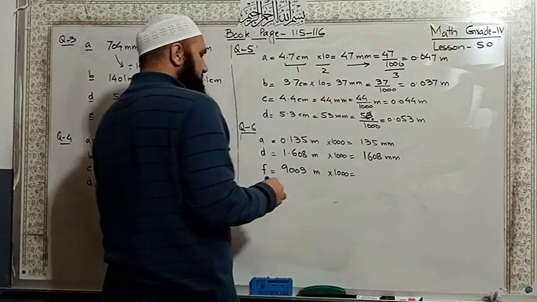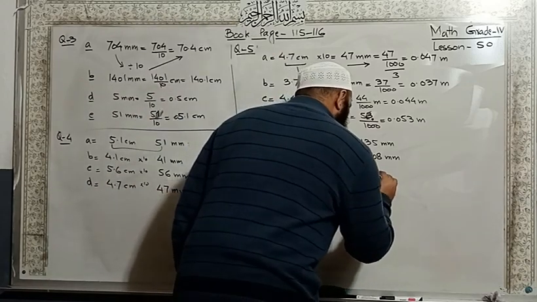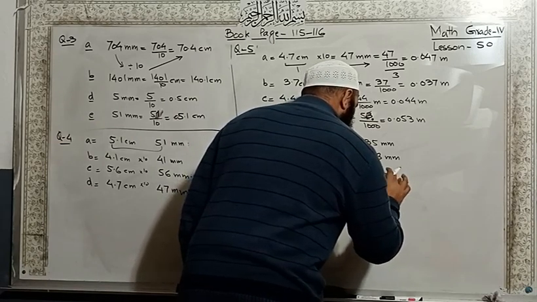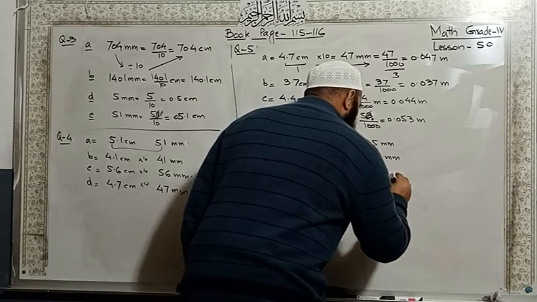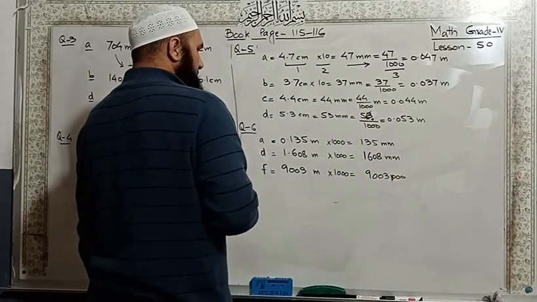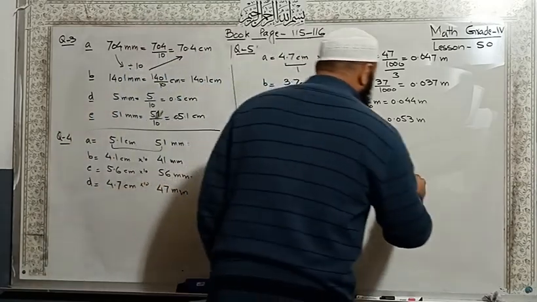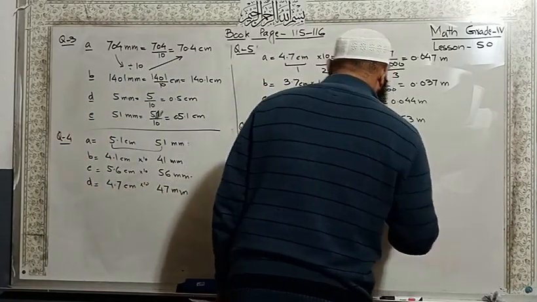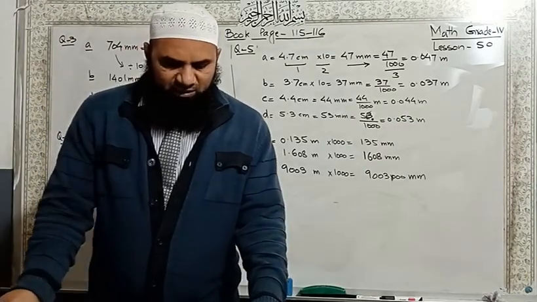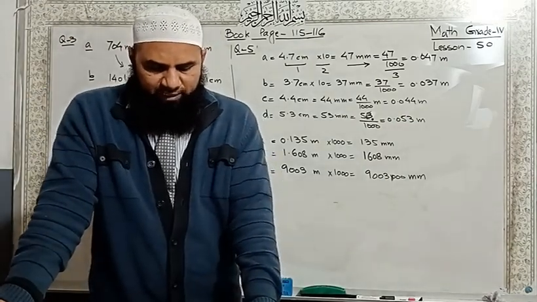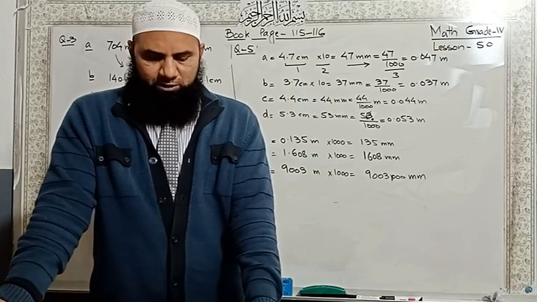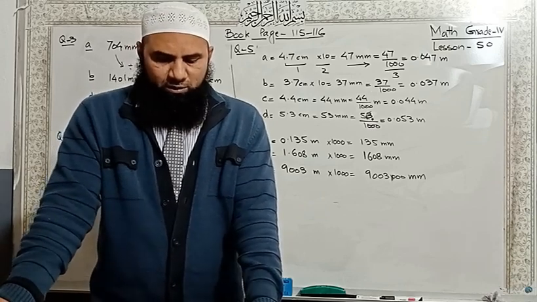So 9003 multiplied by 1000 will become 9 million 3 thousand millimeters. Okay. Question number B and C are the same as question number A, and question number E is the same as question number D. Hope you will do them.